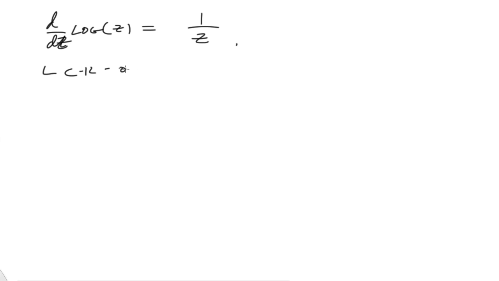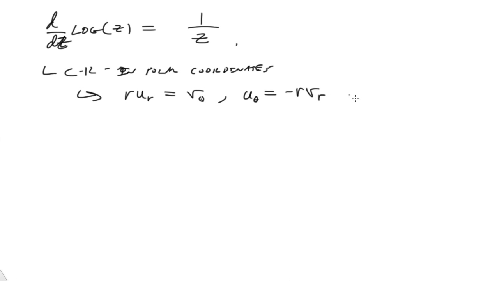So in polar coordinates, the Cauchy-Riemann equations become r u_r has to be equal to v_theta, and also u_theta is equal to negative r v_r.